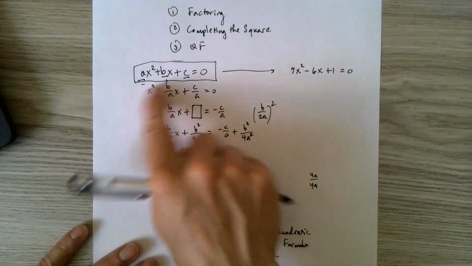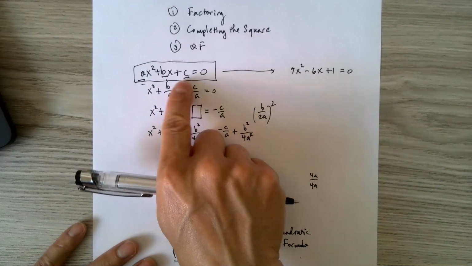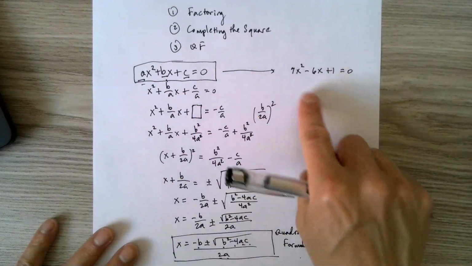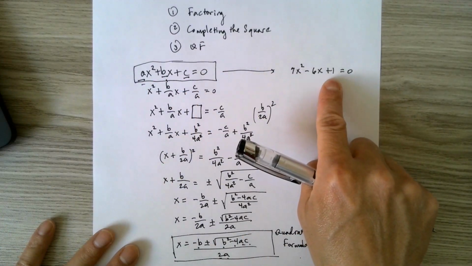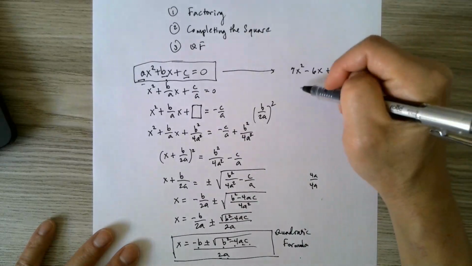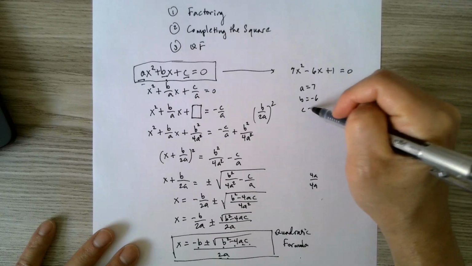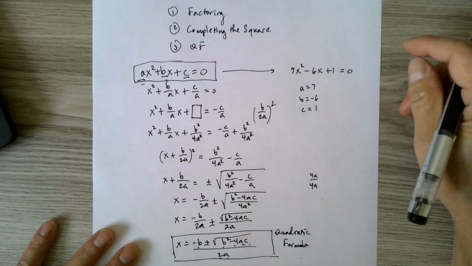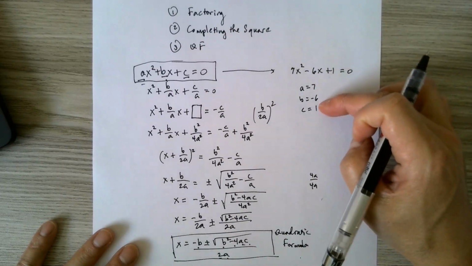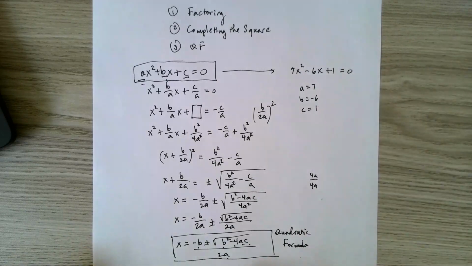Because when you move stuff around in equations, these a's, b's, and c's are going to change. Luckily, this equation is in the right form, so a equals 7, b equals -6, and c equals 1. And then I just plug these three values into our formula down here.